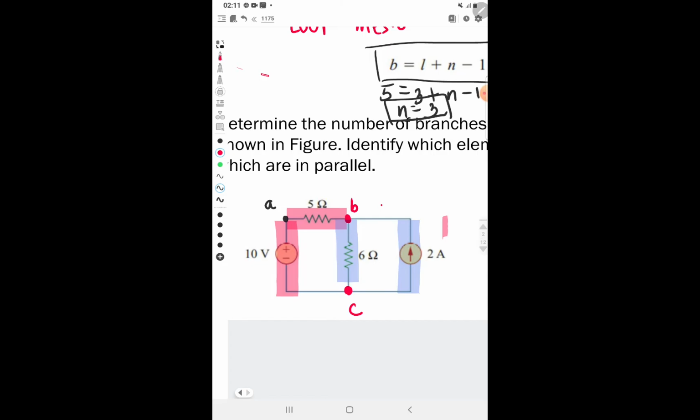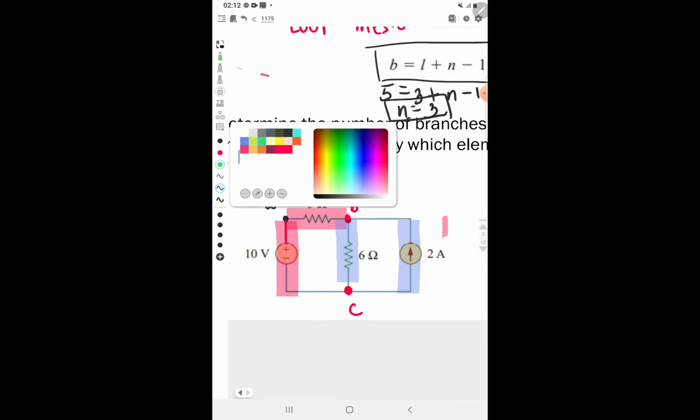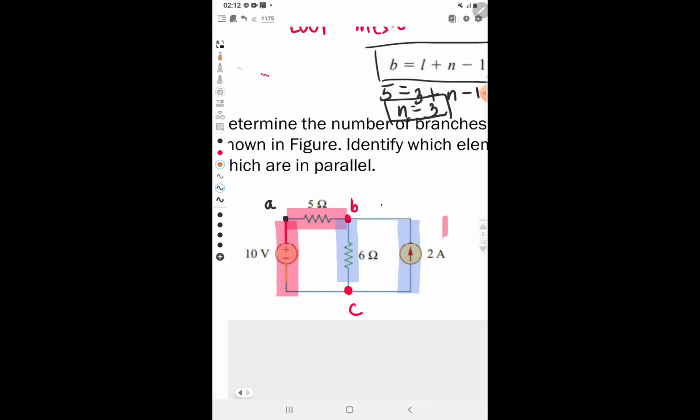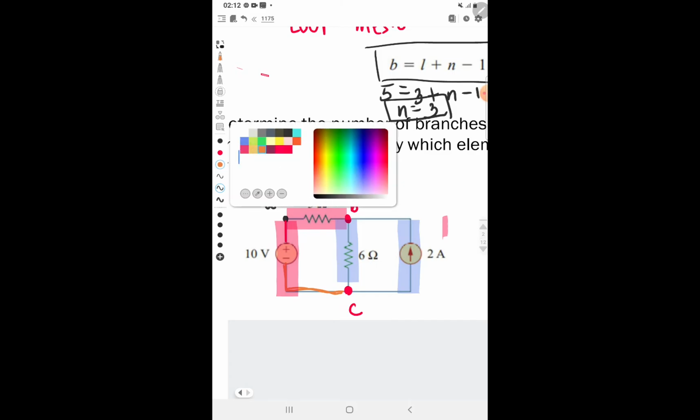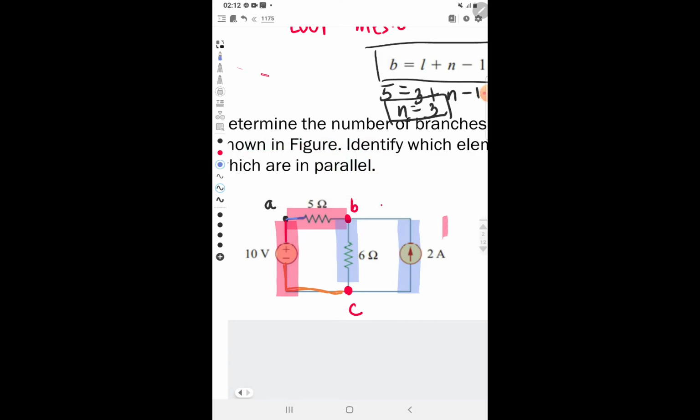Okay? So take note, no? Ito yung terminal ng ating A. Ng ating 10 volts. At ito naman yung terminal ng ating five ohm.